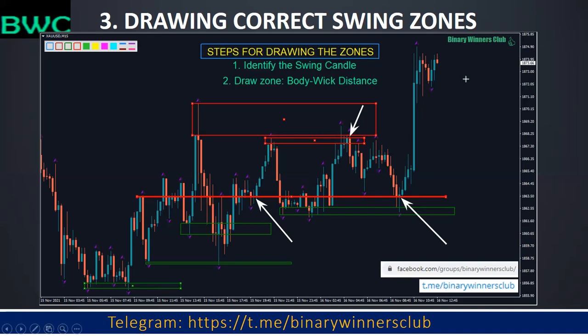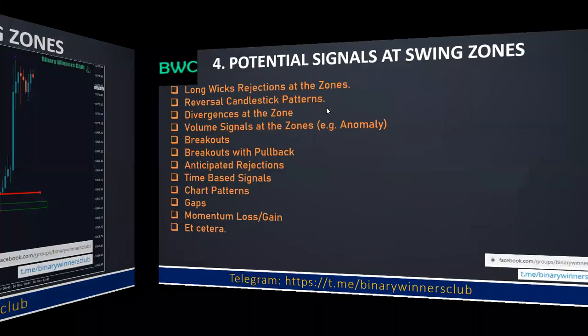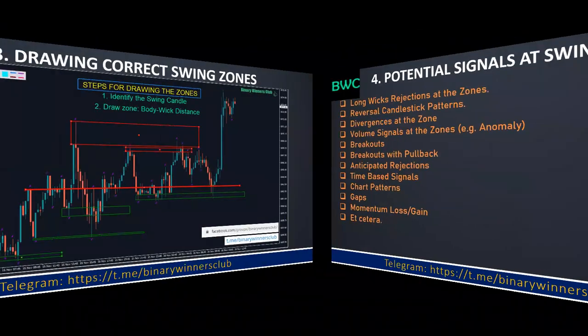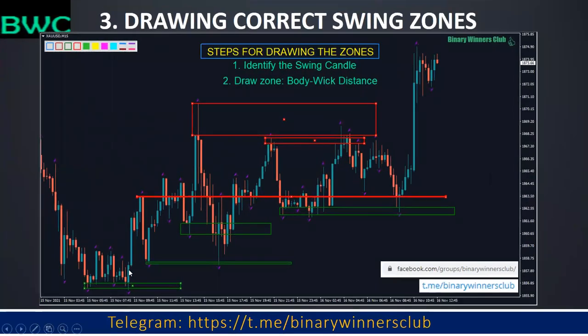Which are some of the other signals you could consider taking from this zone? Then you can also consider divergence. For divergences, I will not cover that for now. You would want to consider adding an oscillator like RSI, so that when RSI is making a higher high and the market is making the same high, you can possibly consider bullish reversal.